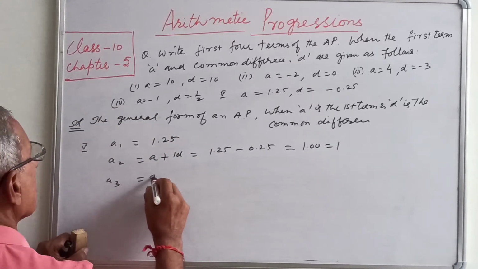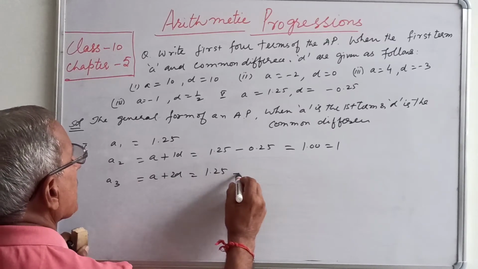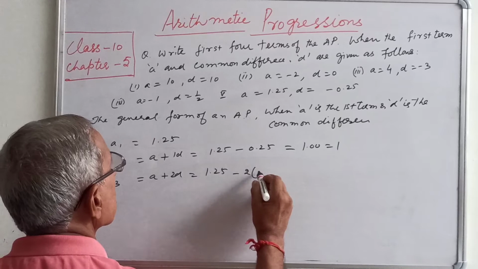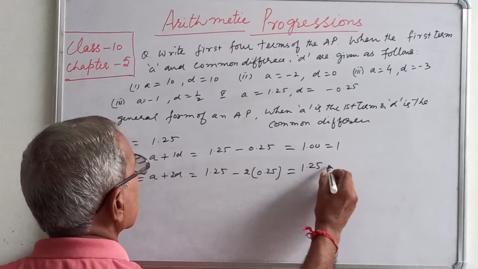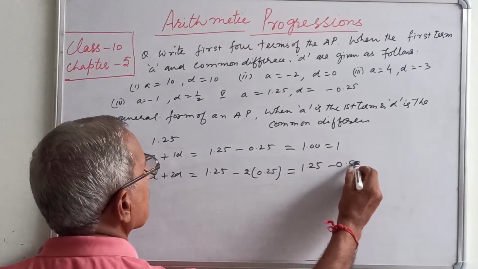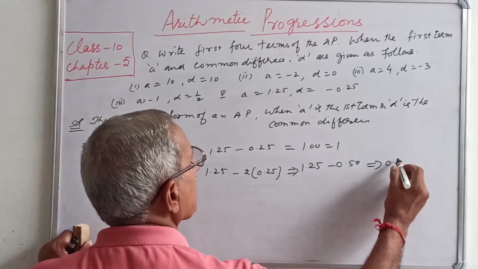A3 is a plus 2d, so 1.25 minus 2 into 0.25, so 1.25 minus 0.50, that will be 0.75.